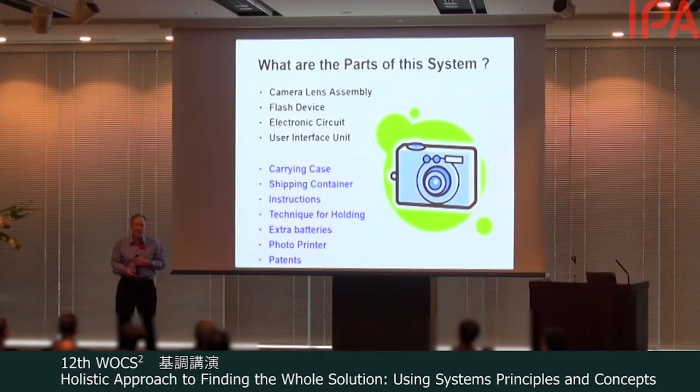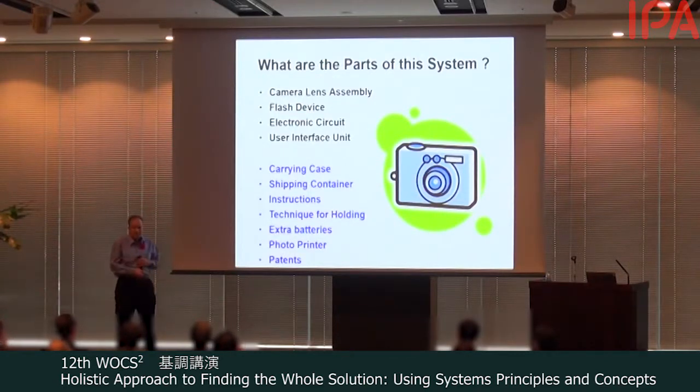Because the quality of pictures may be a function of how you hold it. So in the instructions, you may need to explain the technique, and then maybe even explain the technique in the user interface unit, and maybe encode some of the technique in the electronic circuit. So notice how there's relationships and interactions between these parts and those parts to make the whole system work.